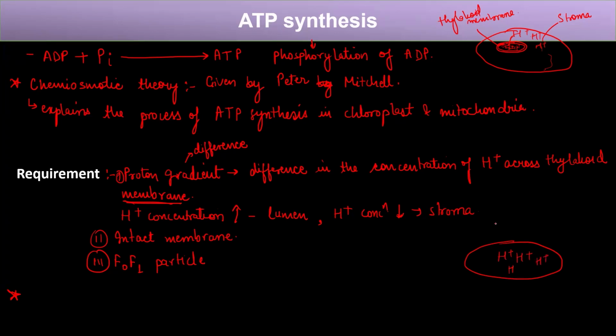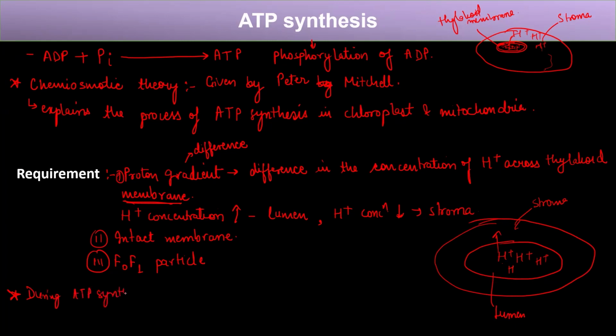And this is your stroma of the chloroplast. So the protons start moving from lumen to stroma. So during ATP synthesis, protons move from lumen to stroma.